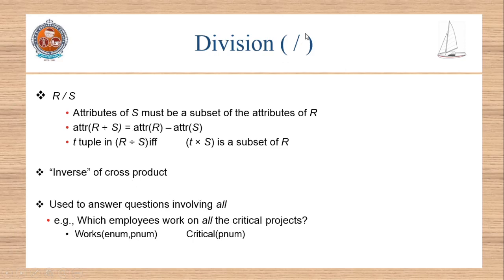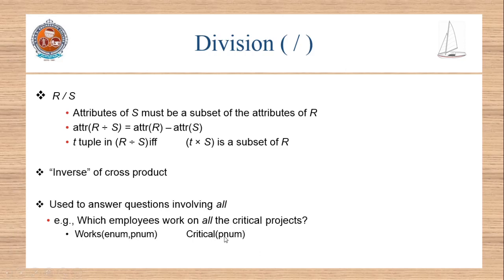Generally this division operation is used to answer questions which involve, for example, which employees work on all critical projects. So this is an example which we are having. In this we have considered two relations. One is the works relation with the two attributes enum and pnum, and the other relation is critical with one attribute pnum.